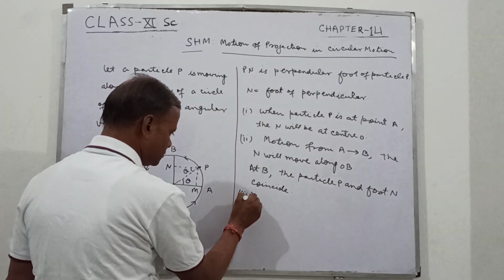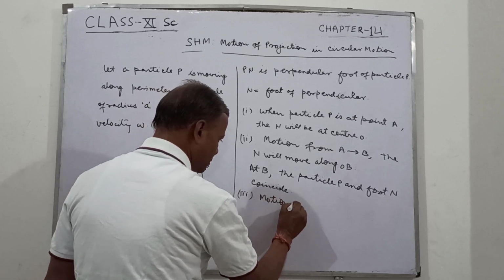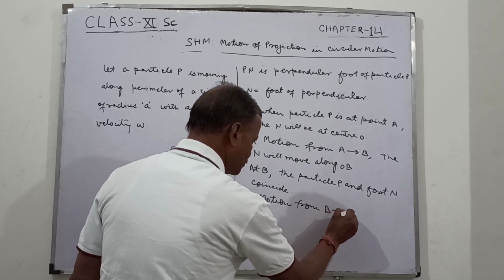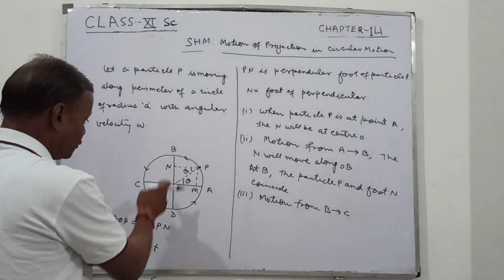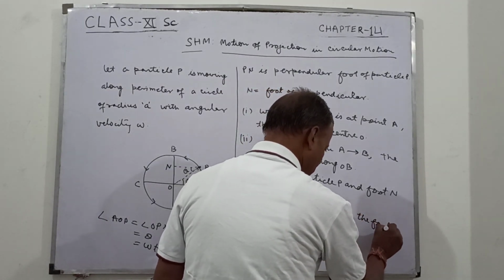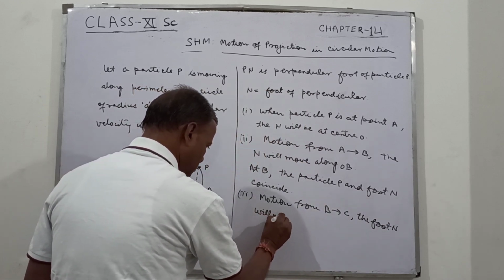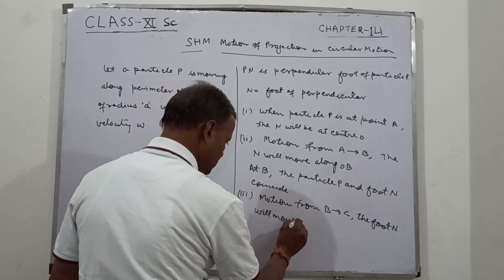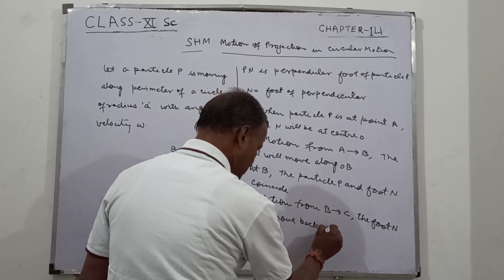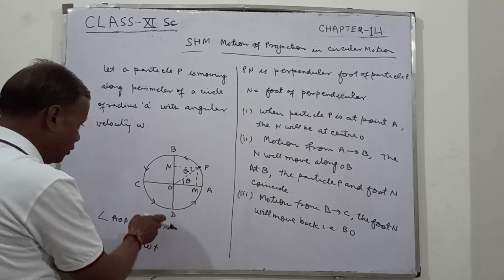And now third, motion from B to C. The foot will move back, it means along BO.